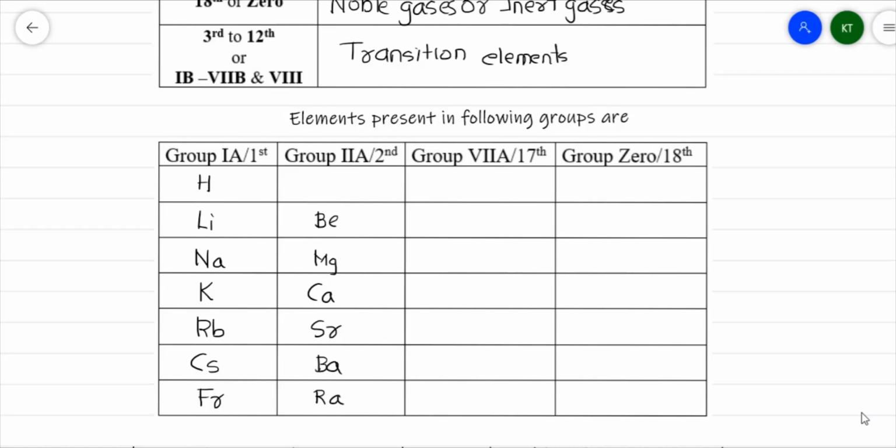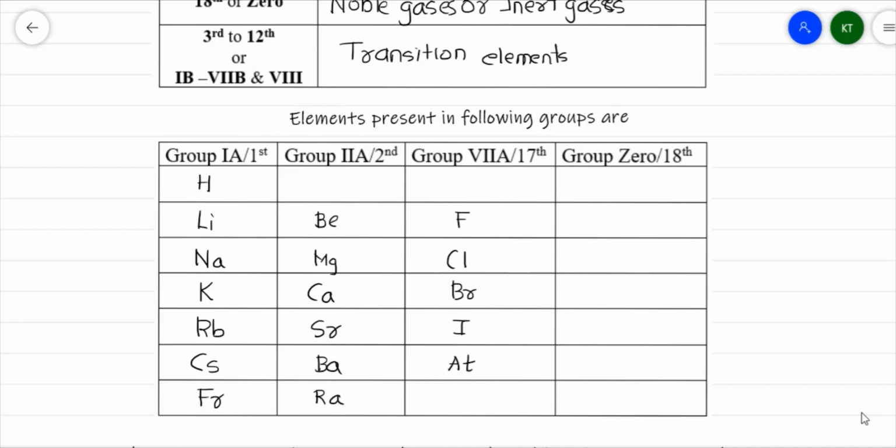Then the group 7A or 17. The elements present in this group are fluorine, chlorine, bromine, iodine and astatine. Out of these, astatine is radioactive.